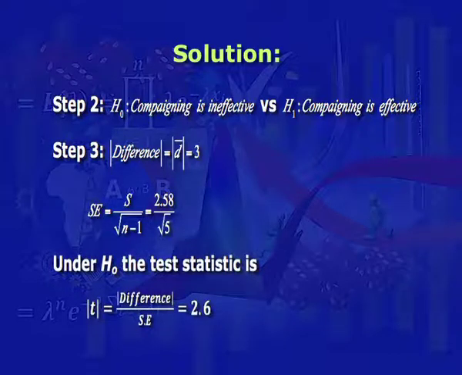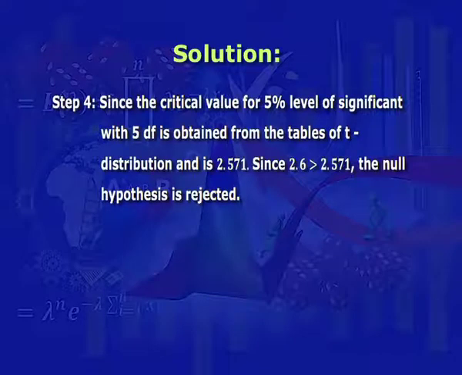Under H0, the test statistic is defined as modulus t equal to modulus difference divided by standard error. Substituting the above results of modulus difference and standard error, we get the value of test statistic modulus t equal to 2.6. Now, in step 4, we see how to take the decision.